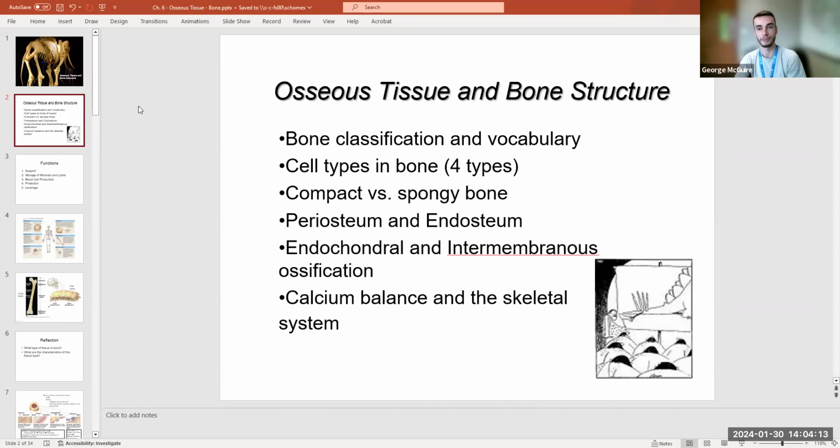We'll look at and compare compact versus spongy bone, our 2 main types of bone that are in each of these other bone categories. The periosteum and endosteum, which are the different segments of our bones. 2 different types of ossification or building of bone. And then the role bone plays as storage and homeostasis for our calcium and phosphorus in our bodies.